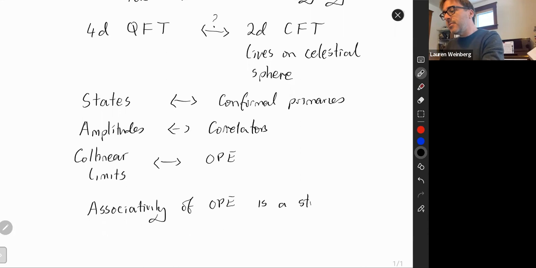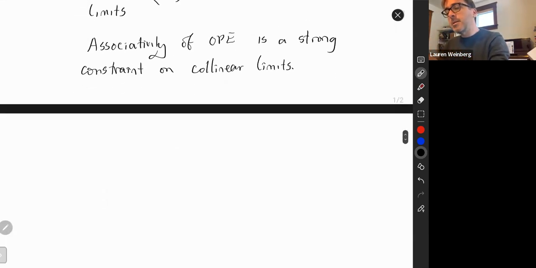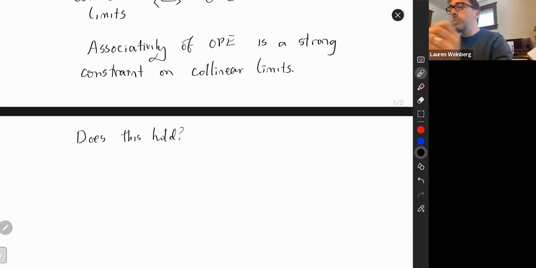The associativity of the OPE will be a strong constraint on the collinear limits. The question we want to ask is, does this hold?